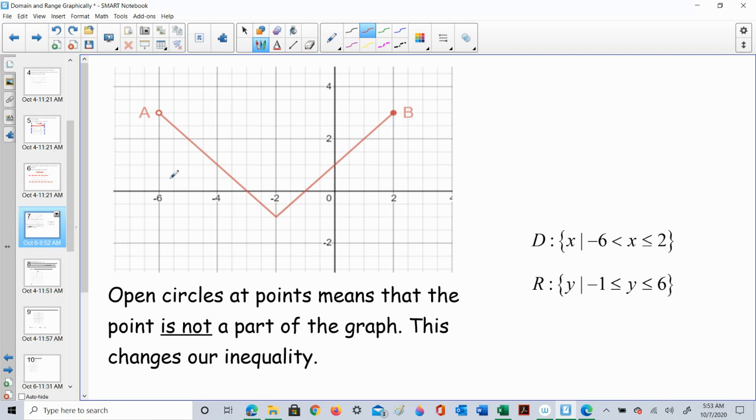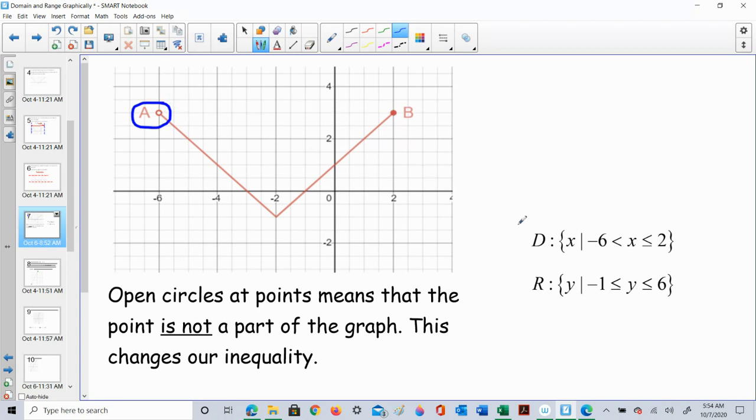Open circles. Sometimes the piece of the graph is going to have an open circle like this here. An open circle means that that point is not part of the graph. So this changes our inequality. We're still talking about our domain, from left to right.